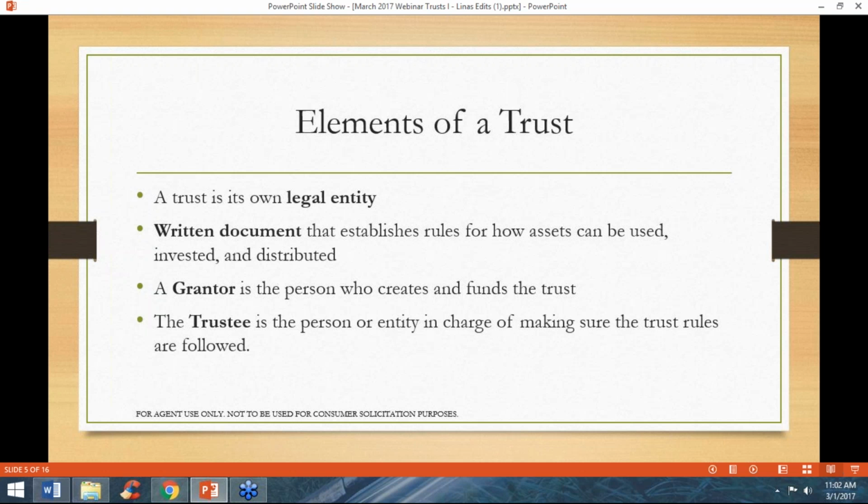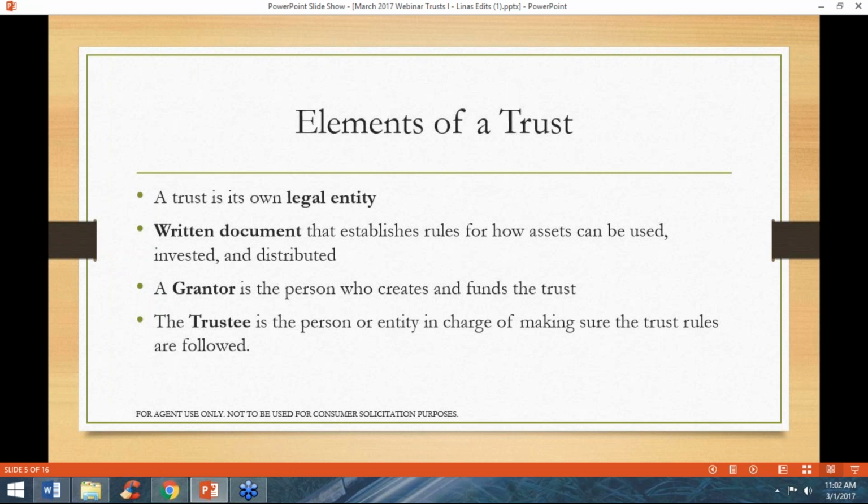To familiarize ourselves with the lingo, we will start today with some common trust elements. A trust is a legal entity with a legal status separate and apart from the person who created the trust. A trust is usually established by a written document which describes how the assets within the trust can be used, invested, and distributed.